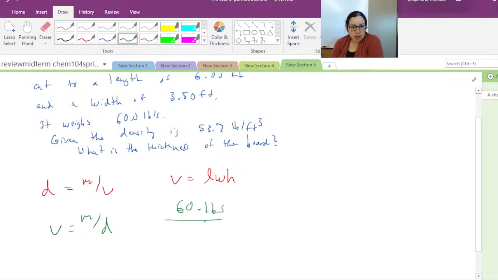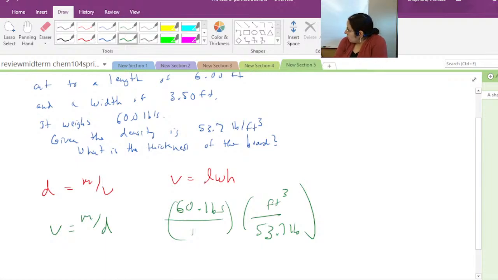So 60 pounds divided by our density. I'm writing it this way so you can see the dimensional analysis. So we get feet cubed, which is our hint to go back to there. So then I get 1.12 feet cubed is equal to our volume, which is length times width times height.